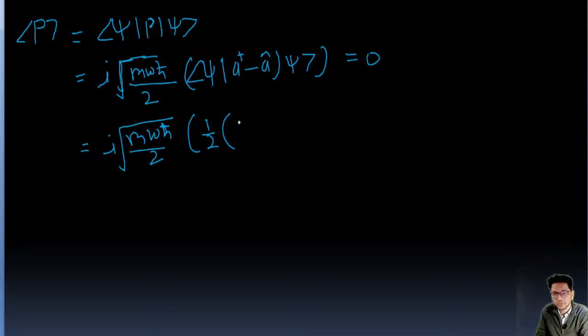So we'll put the value, this is 0 plus 1 into a dagger minus a, and this is 1 upon root 2, 1 upon root 2, this is 1 upon 2.